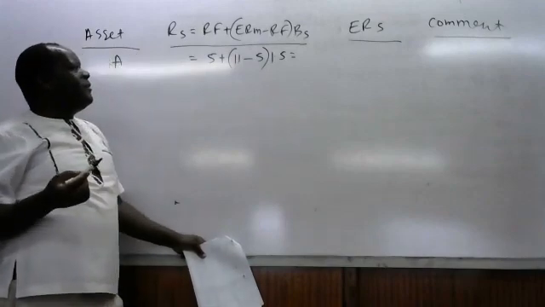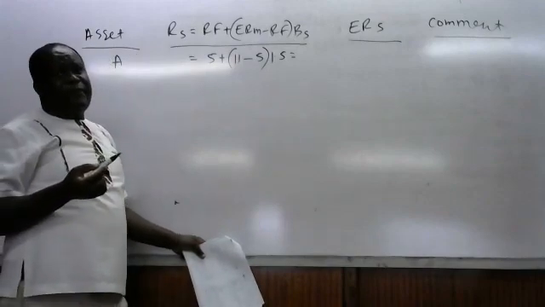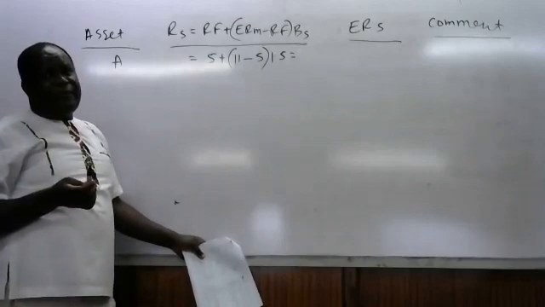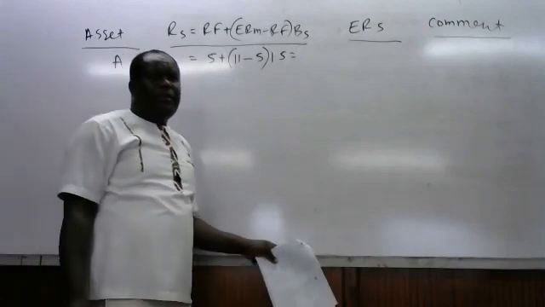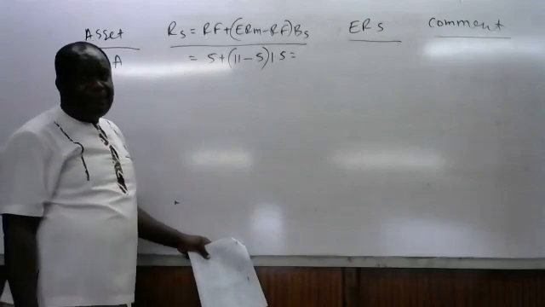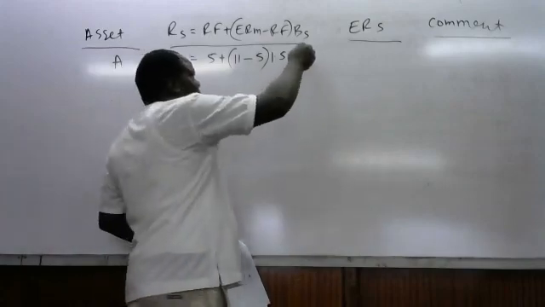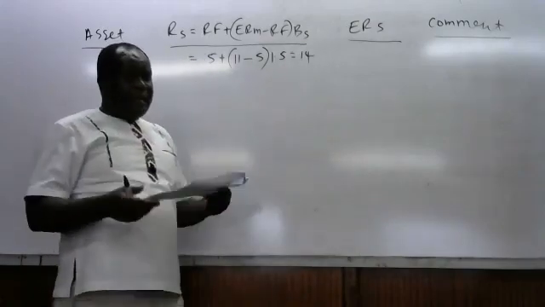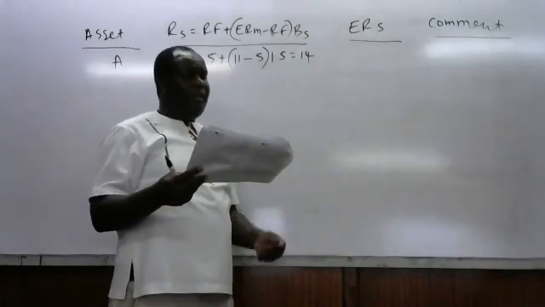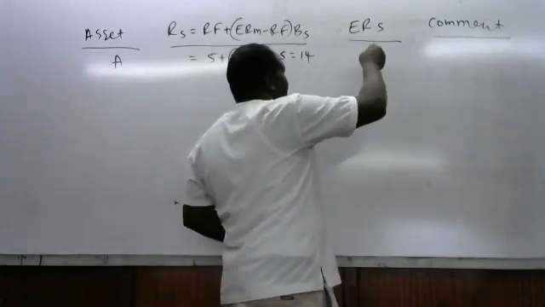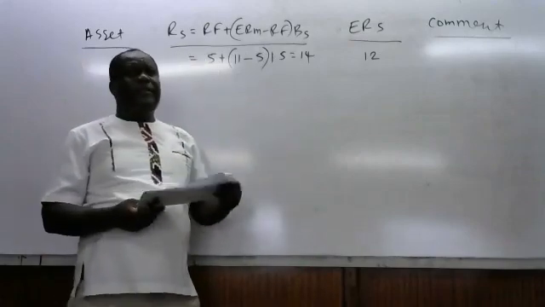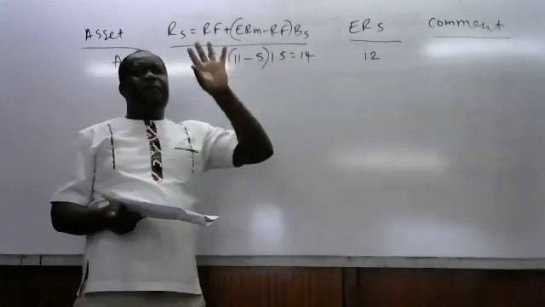So now we compute that to give us the return of that security as per the security market line. We get 14. Always remember that the security market line is the benchmark.